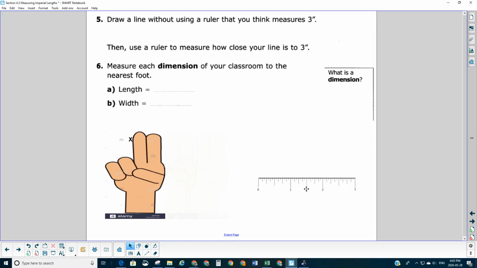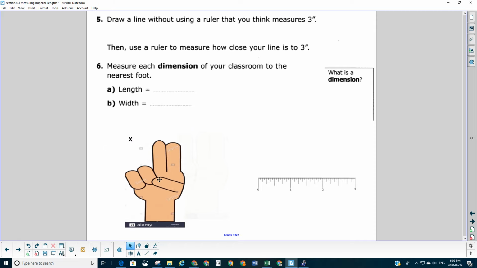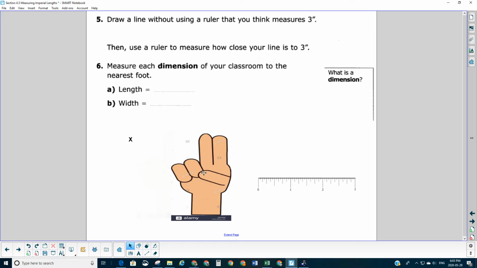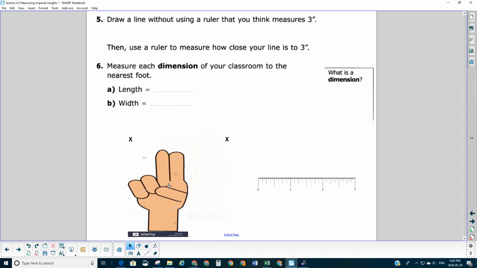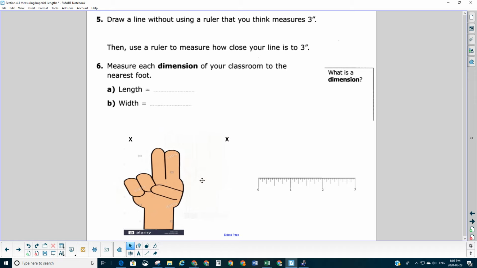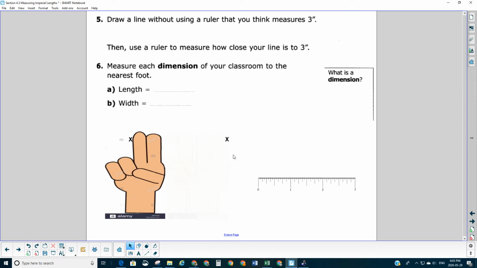Okay, so you can use that and sort of map it out. So you could take, there's 1 inch, and then there's about 2 inches, and there's about 3 inches. And I'm going to estimate then that my X would be somewhere around there. So I'm estimating that that is my 3 inches.